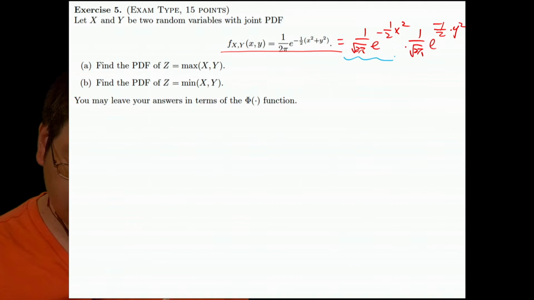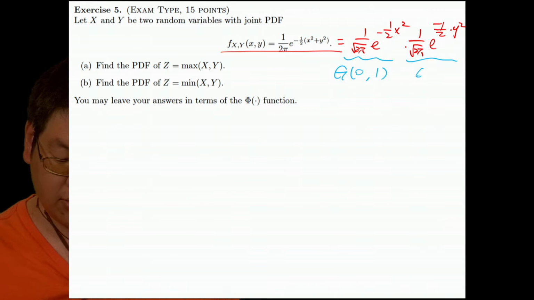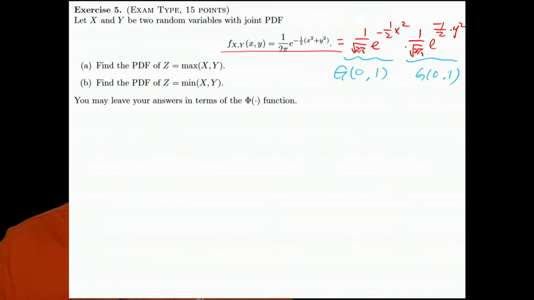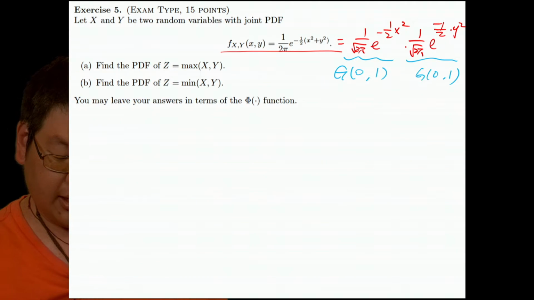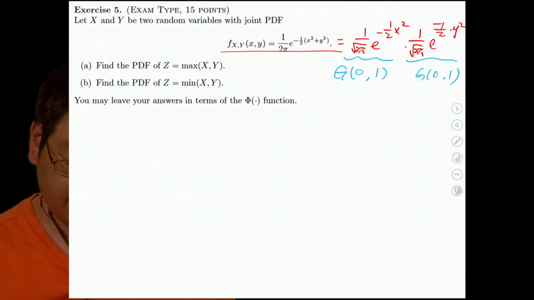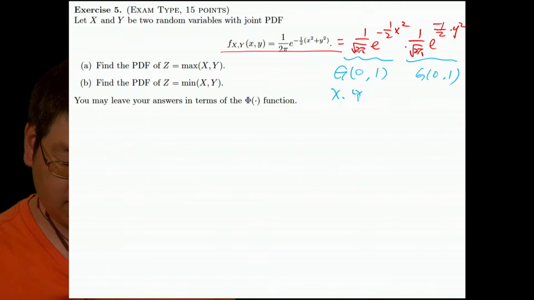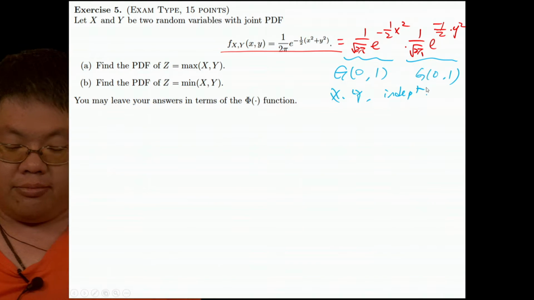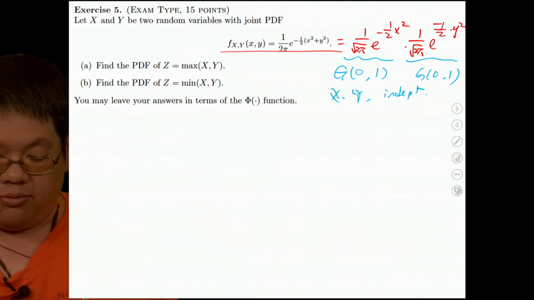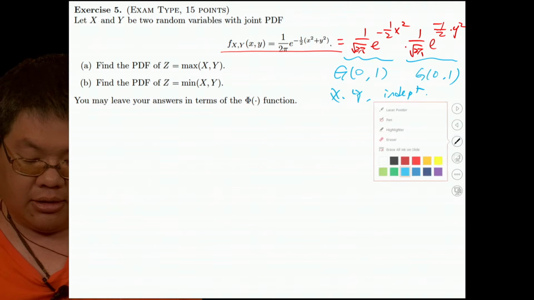This is Gaussian with mean 0 and variance 1, and this is also Gaussian with mean 0 and variance 1. So first, they can separate, so X and Y are independent. And they are both Gaussian with mean 0 and variance 1.